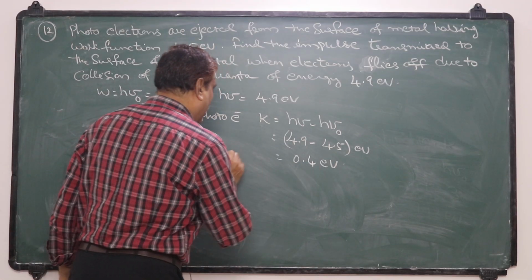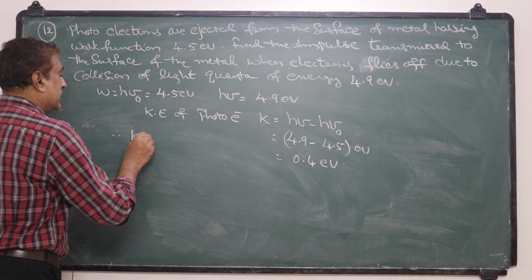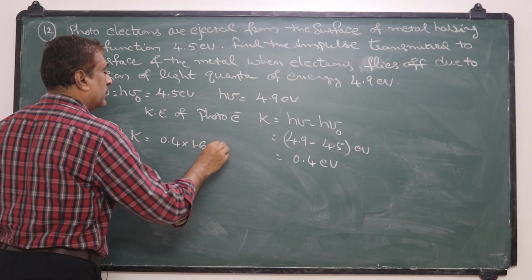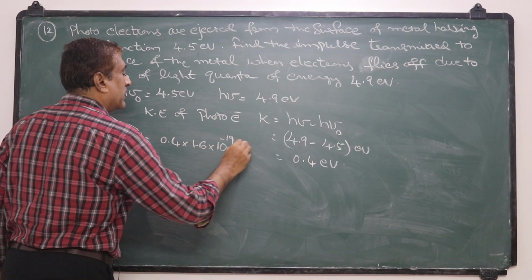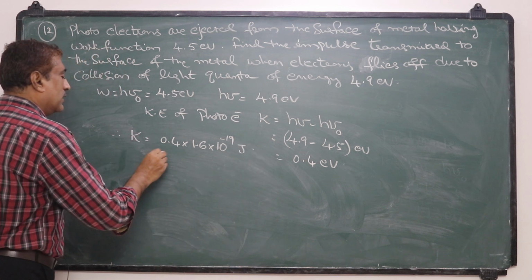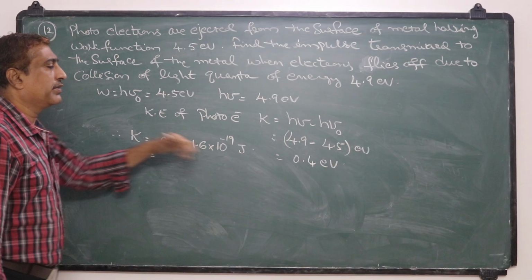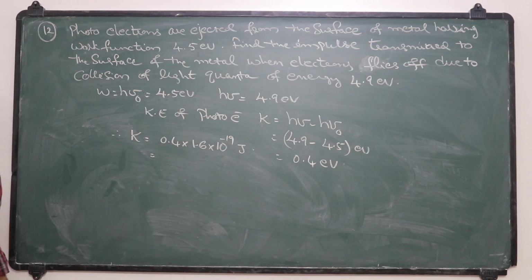Converting, K is equal to 0.4 × 1.6 × 10⁻¹⁹ joule. Now this is the kinetic energy.